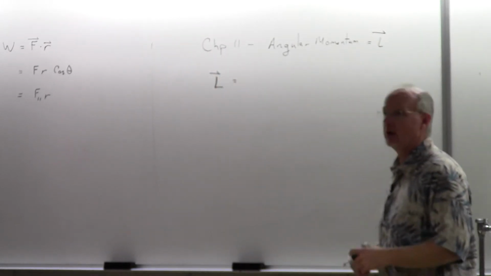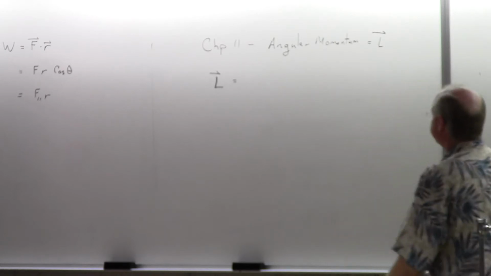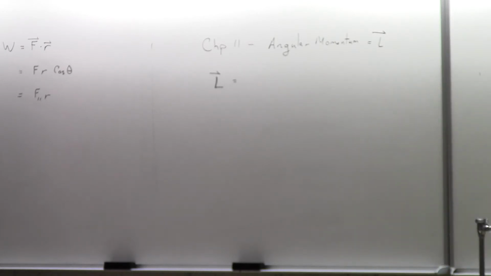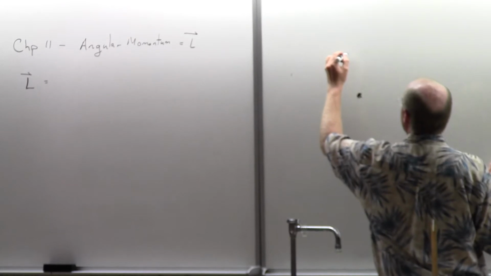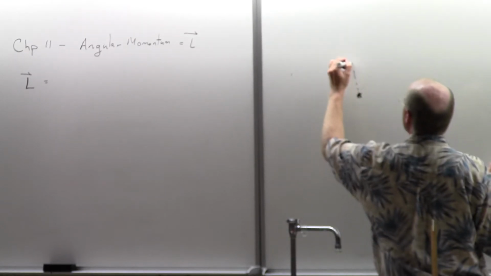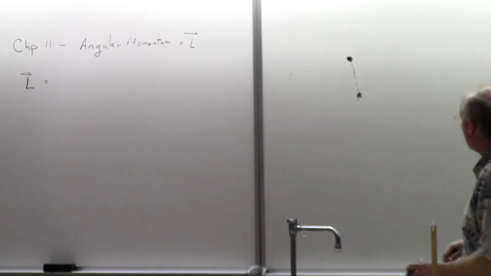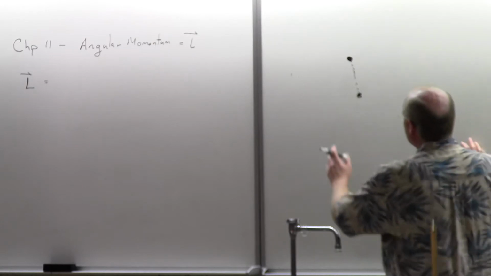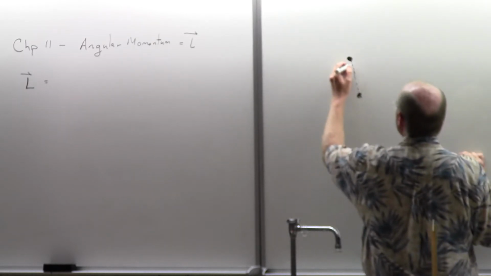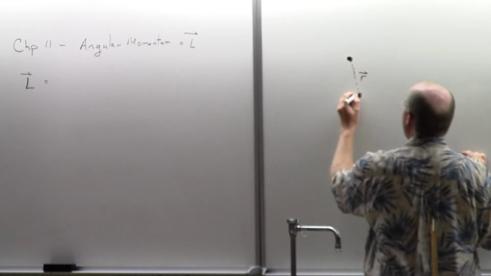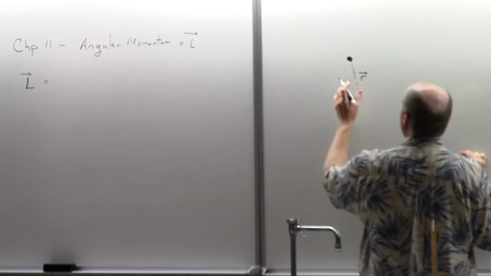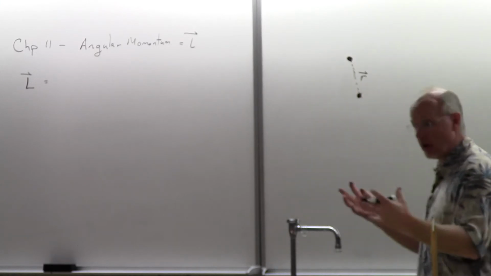is equal to what? Well, maybe I'll draw a picture. I want you to see how this is going to look a lot like the torque. Let's say I had a little axis right here, and I had an object out on a bungee cord, so that at this moment it's some distance r away from this point that I'm going to call my origin, my axis here.